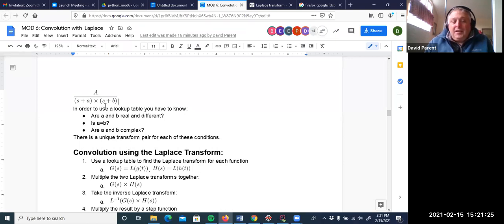And depending on that relationship, that will tell you which thing to use. Now, if this sounds familiar, two numbers that are real and different, two numbers that are the same and real or repeated, and two numbers that are complex, if that sounds like overdamped, critically damped, and underdamped, you are right. That's exactly what it is.